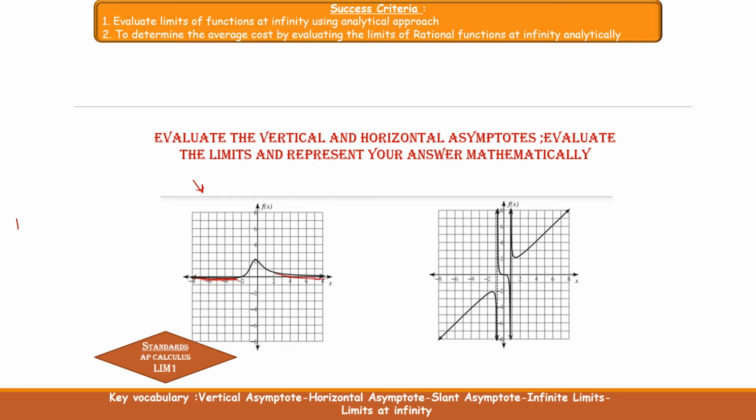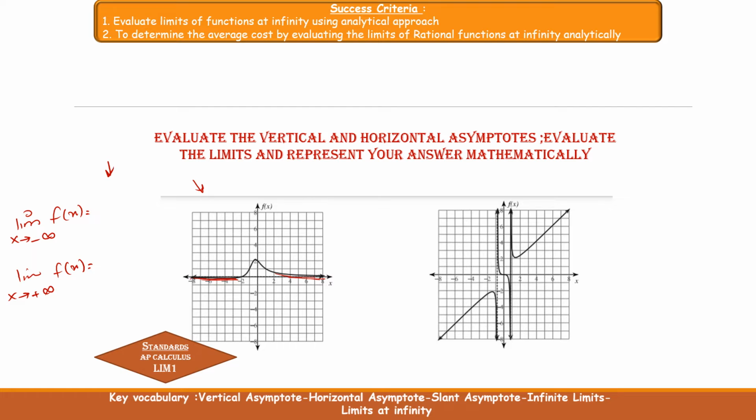So we will have two equations about the limits at infinity, which means the limit of the function when x is approaching positive infinity and the limit when x is approaching negative infinity. Here we write the y value.